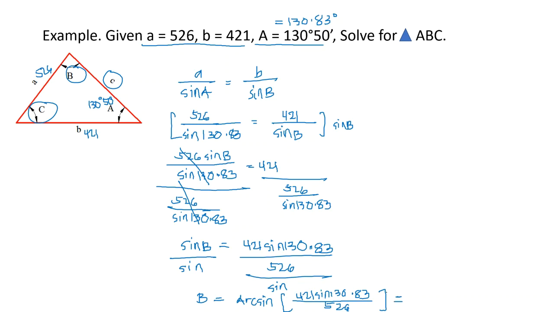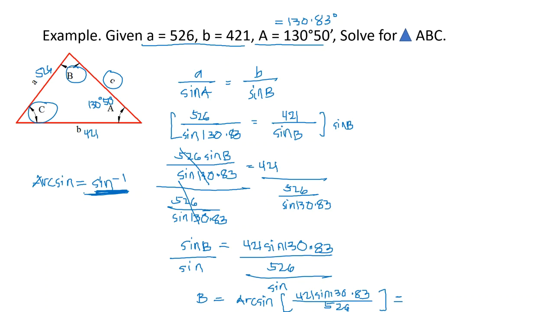Arc sine is just equivalent to sine raised to negative 1, which you can find on your calculator using shift sine.